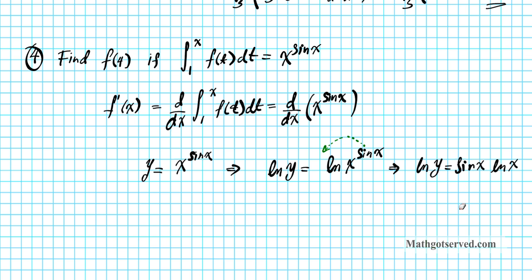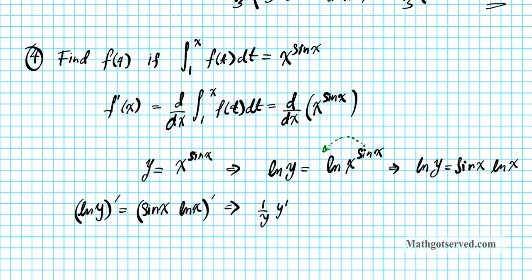Now we're going to differentiate both sides of the equation. Alright? So if we want to differentiate both sides, let's rewrite it again. So ln y prime equals sine x ln x prime. So on the left side, using implicit differentiation, we're going to have the derivative of ln y is 1 over y times y prime.